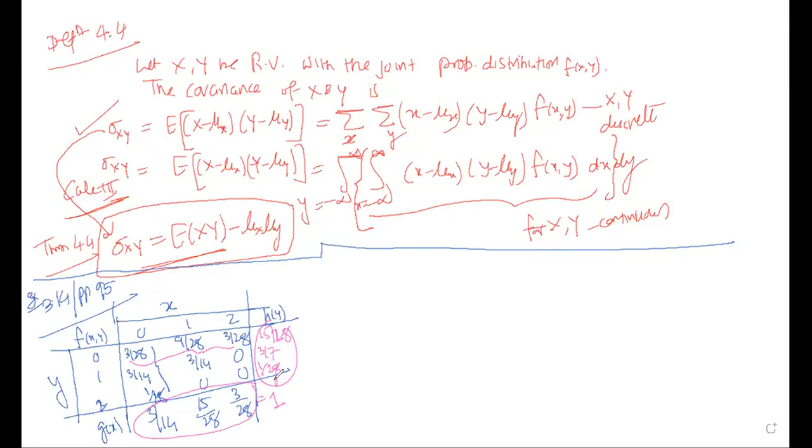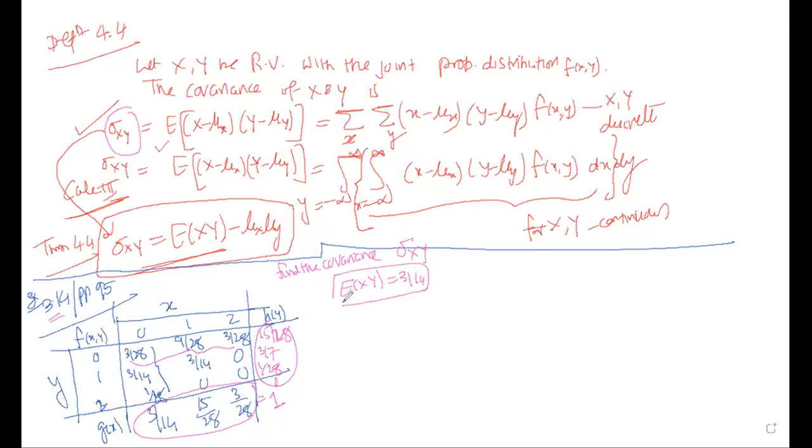Now, for this example, I would like to apply this definition. I would like to find the covariance sigma xy. We already figured it out in example 3.14 that expected value of x and y is equal to 3 divided by 14.